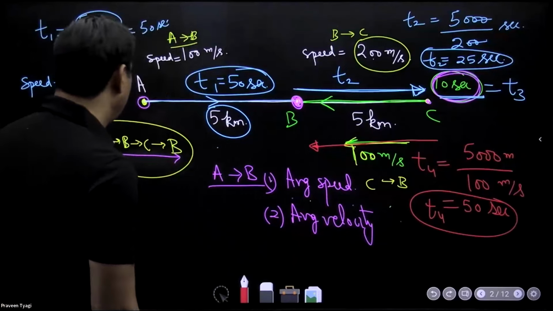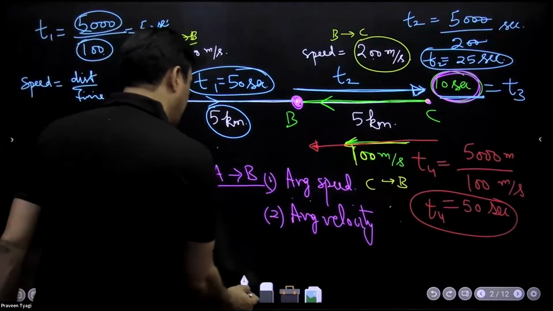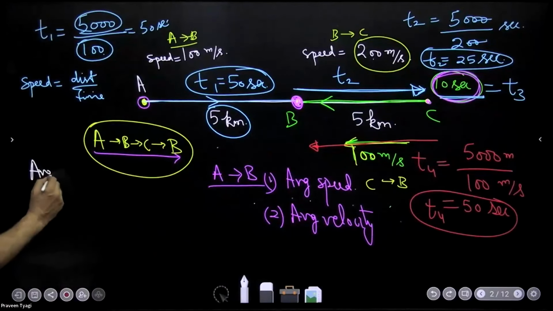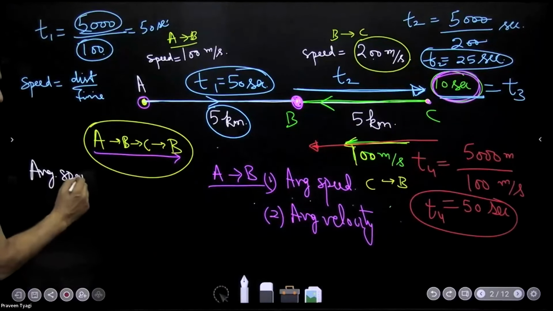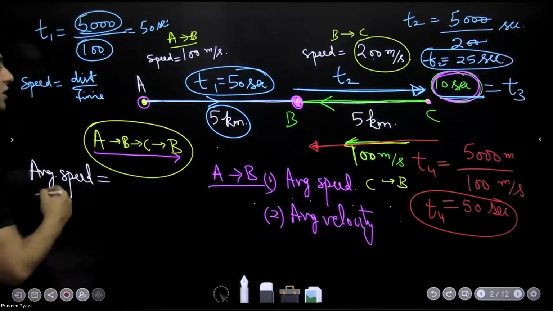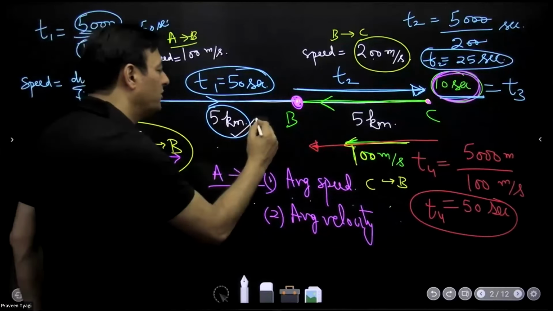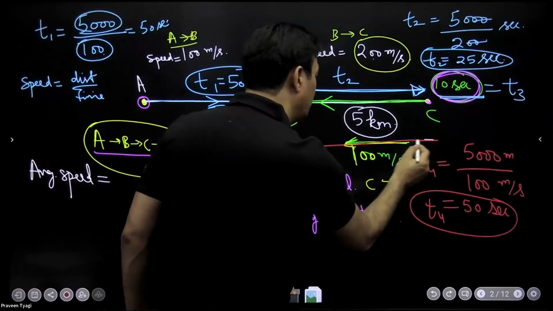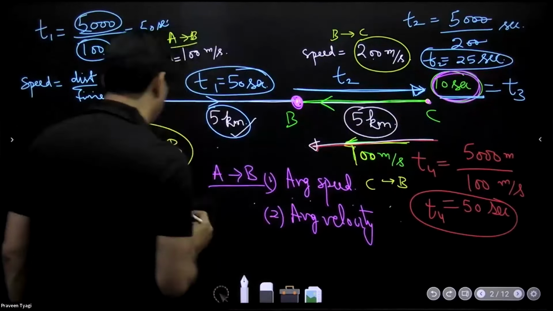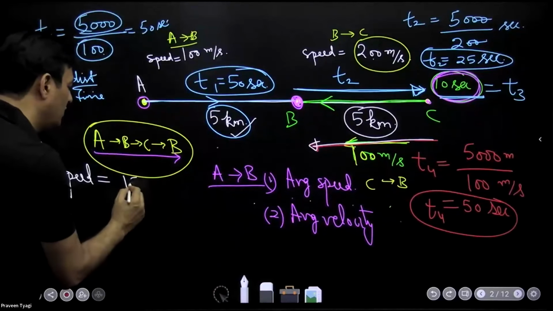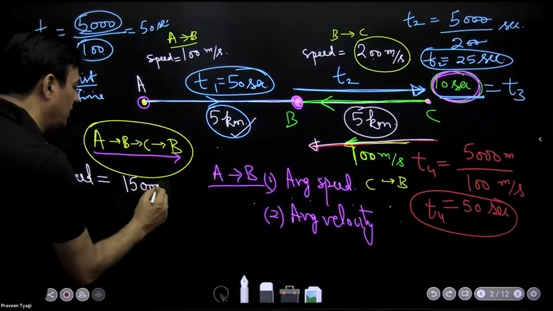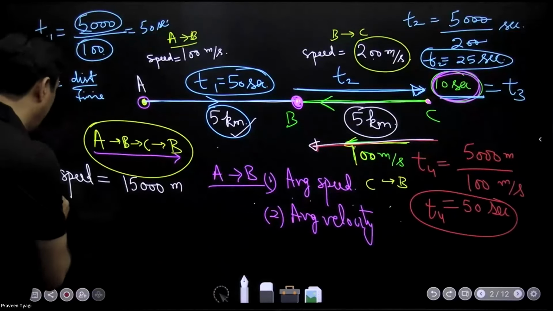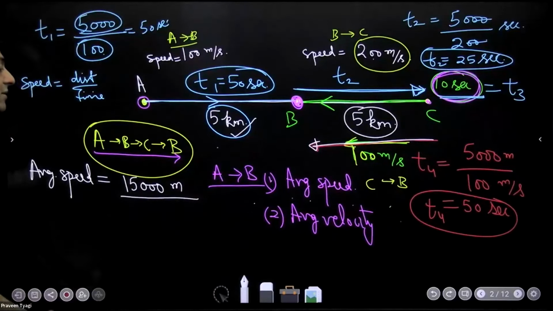Now, I am almost done. So my average speed will be equal to total distance covered. 5 kilometer while going and 5 kilometer while coming back. Total distance covered is 15 kilometer. That means 15,000 meters divided by total time taken.